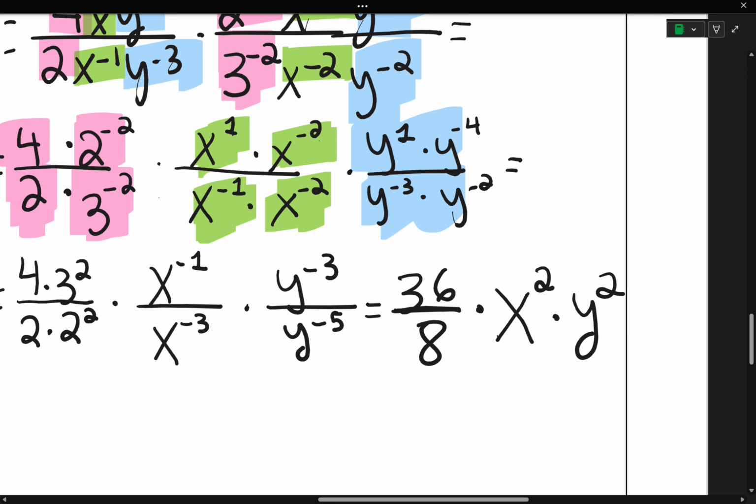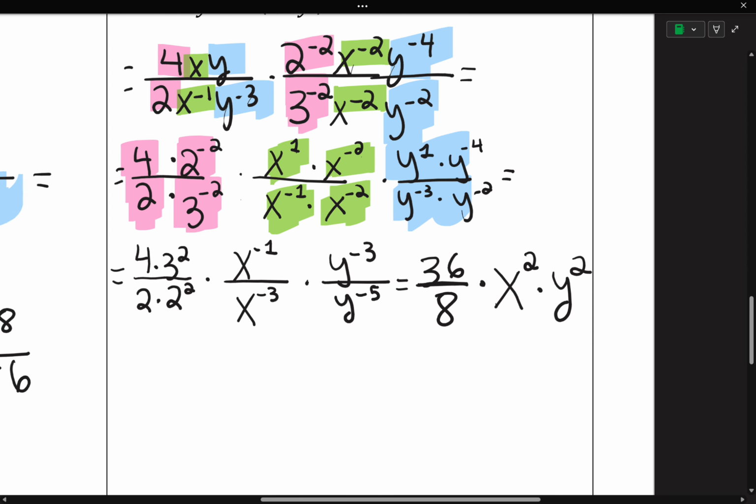Before I write that equals, let's see if we can reduce the fraction. Can we do 36 divided by 8? That would be a yes. Do you know what it reduces to? We're going to have a 4 on the bottom, I think.